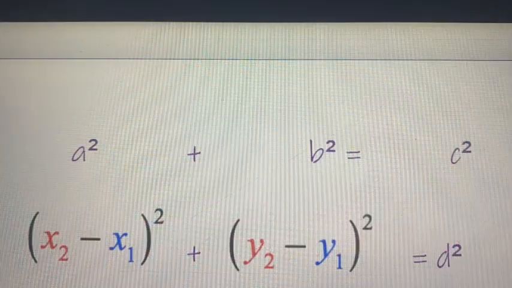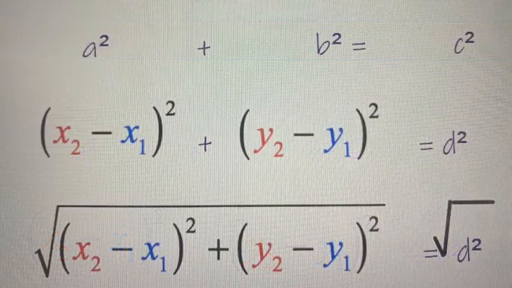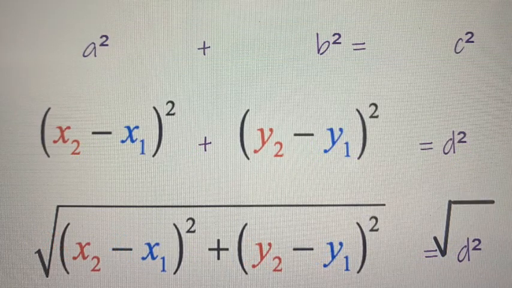So really, it's just like using the Pythagorean theorem. If I replace a squared with the horizontal distance, (x sub 2 minus x sub 1) quantity squared, and I replace b squared with the vertical distance, (y sub 2 minus y sub 1) quantity squared, and the c squared with d squared, well, I could come up with the distance formula, because to get rid of the squares, I would have to square root both sides.